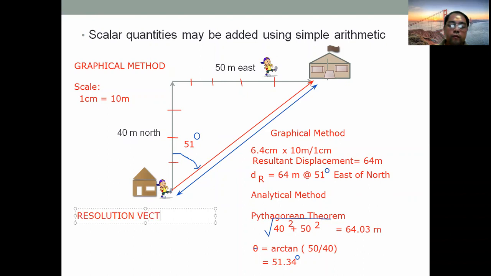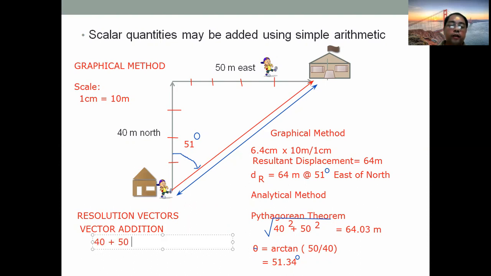So we apply it in displacement, resolution of displacement. Others would call this vector addition. And we see here in this vector addition that 40 plus 50 is not equal to 90.